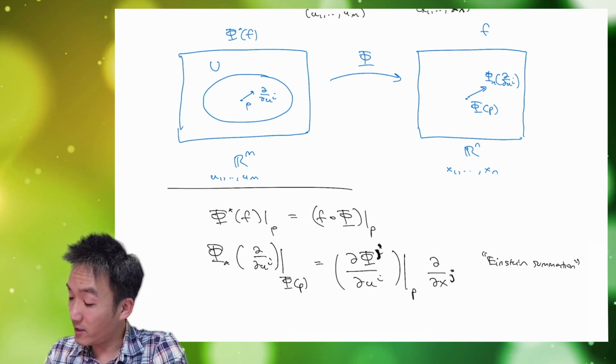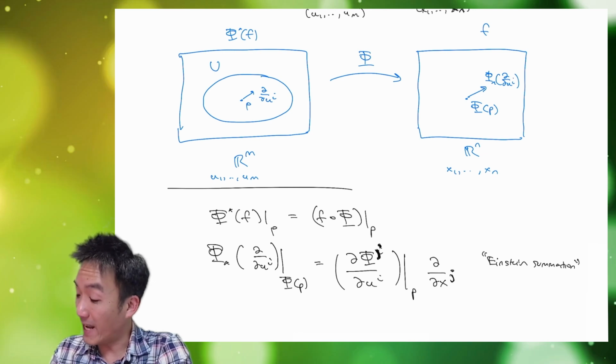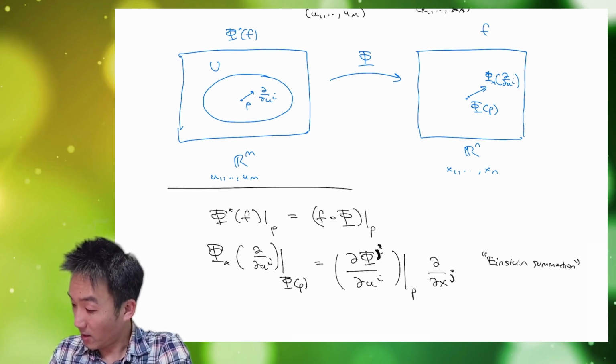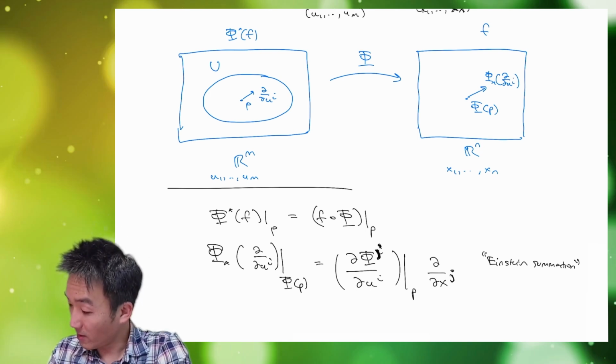I can express it as a linear combination of the coordinate tangent vectors in R^n. So I now have components for each of the partial x_j's, and the component is given by the corresponding partial derivative of phi, the jth component, with respect to u_i, the coordinate direction in question that I'm pushing forward.